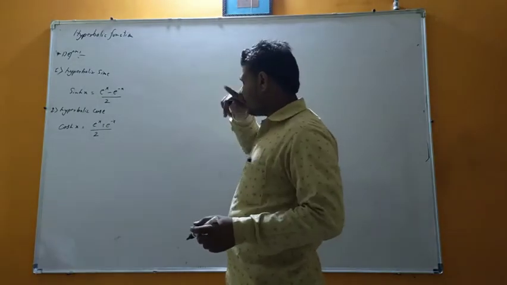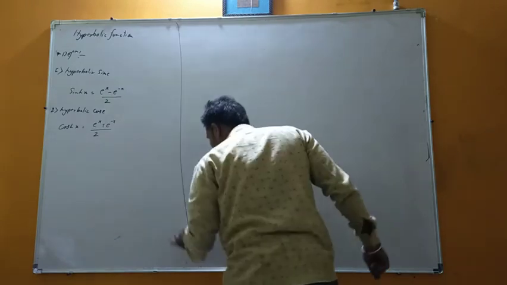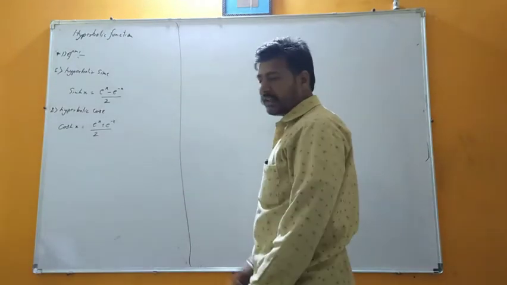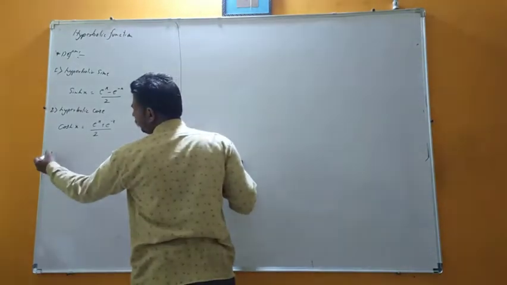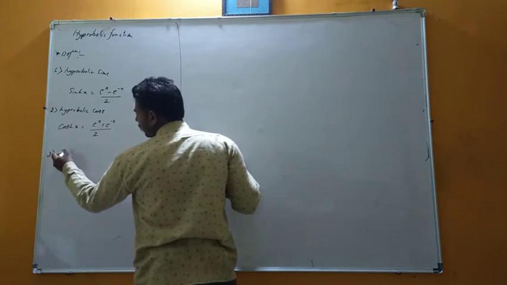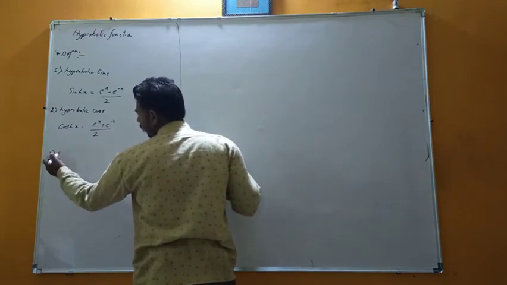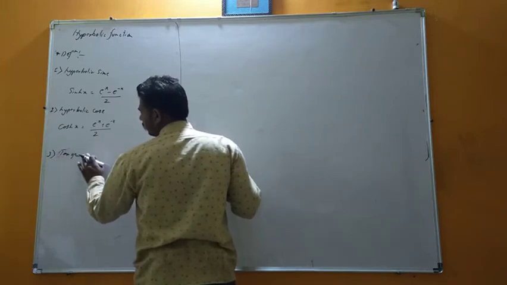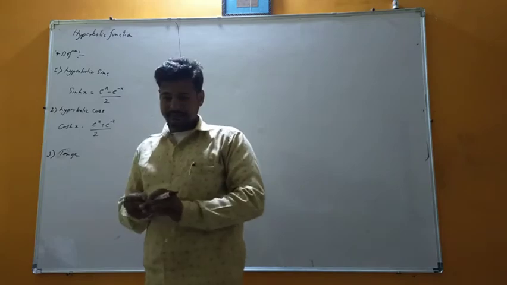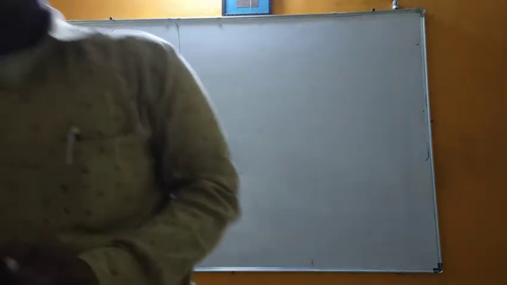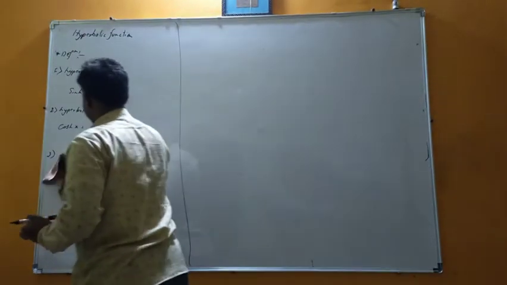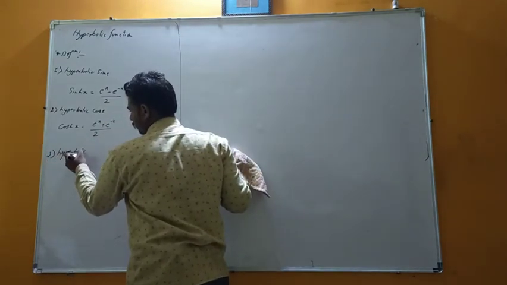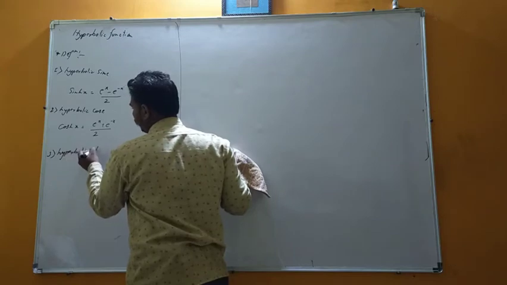In the same way as we have seen about tan, cot and so on, that also we can define here. So let us define the third, that is hyperbolic tangent.